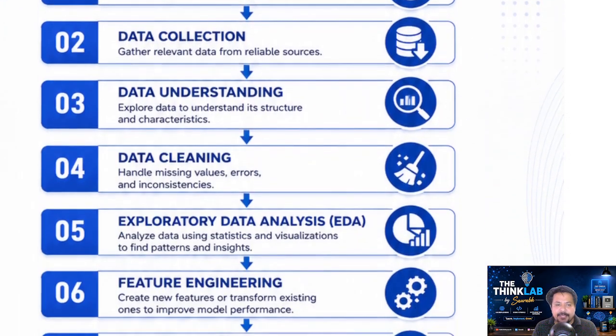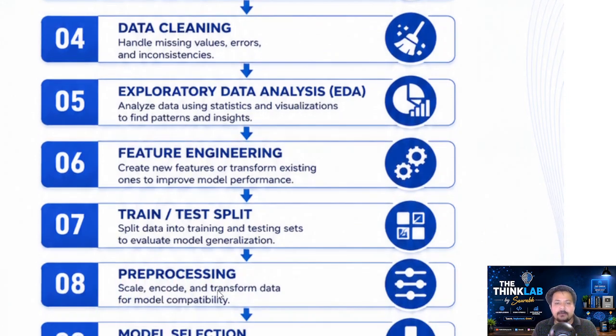Step 4 is data cleaning. That's the most important, one of the most important steps. Real world data sets are very messy. Let's imagine our house data set contains area, bedrooms, bathrooms, where there is a missing value, the price is something different, the age is different.